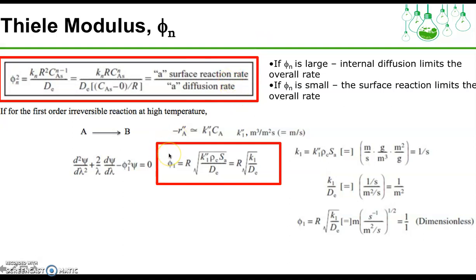For a first order reaction, we can simplify this Thiele modulus by inserting n equals 1. All this simplifies to the equation in the box. You have to be careful because this is the reaction rate constant k double prime, and this is the reaction rate constant k.